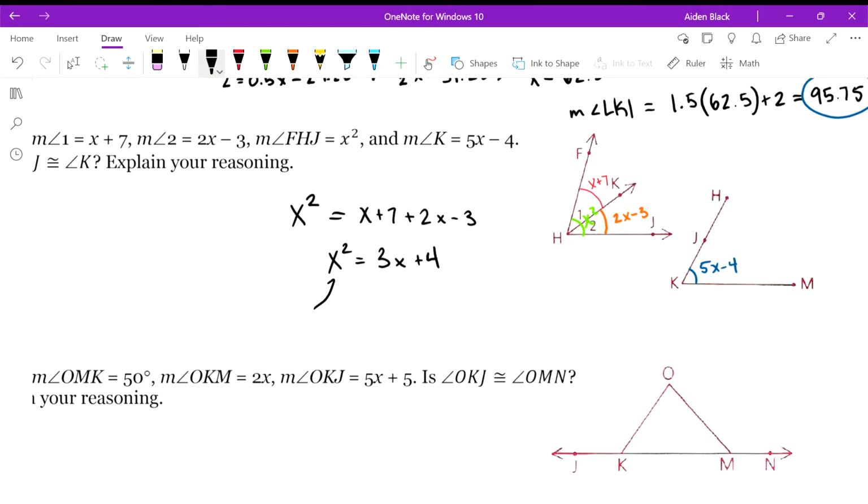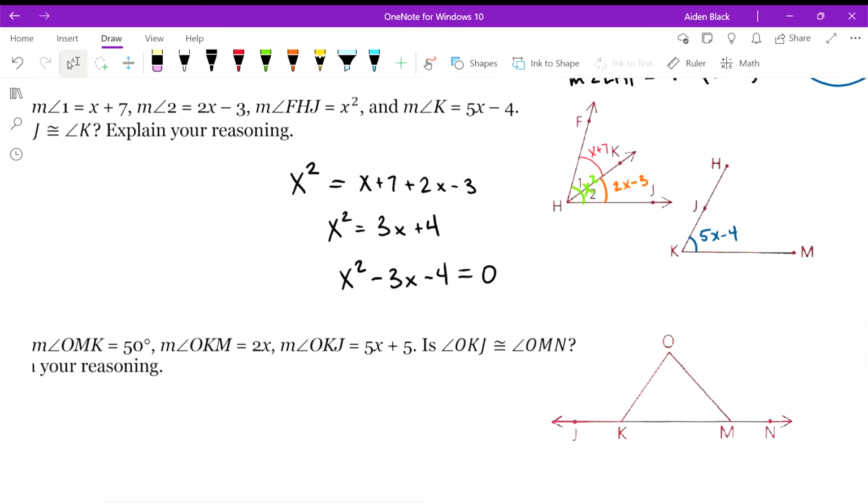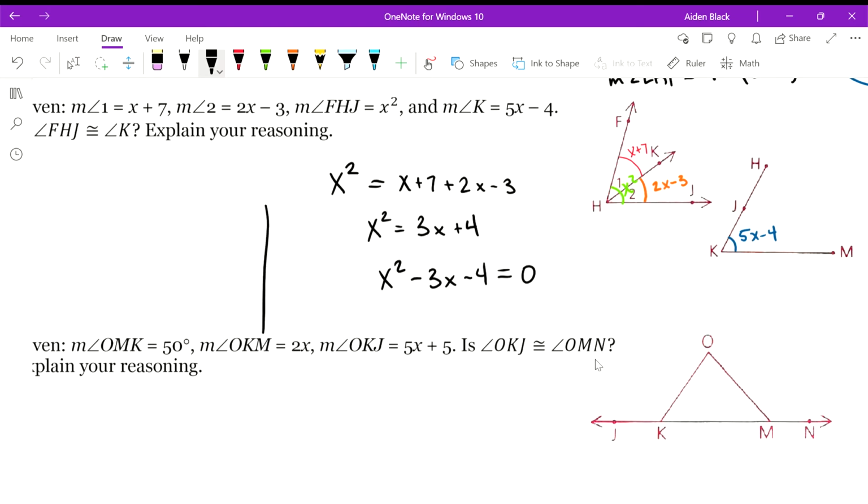And since we have an x squared value and an x to the first power, so just an x value, we know we're dealing with a quadratic, which means we need to get everything on one side. Okay, this is how we solve for x. We're going to factor this. Now, this is how we do it: we consider the product and the sum. The product is the last term, so -4, and the sum is this middle term.